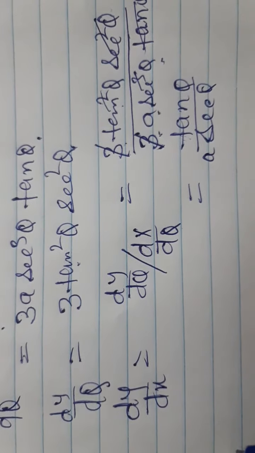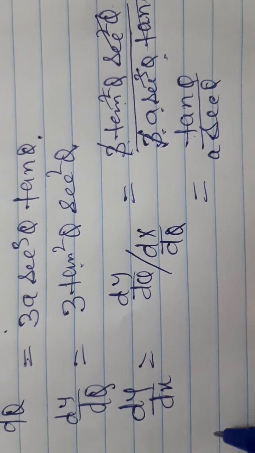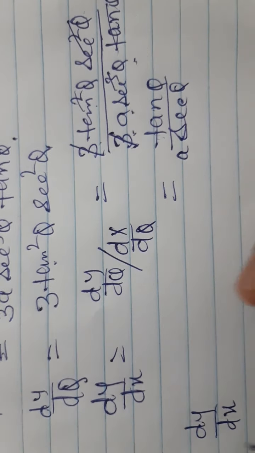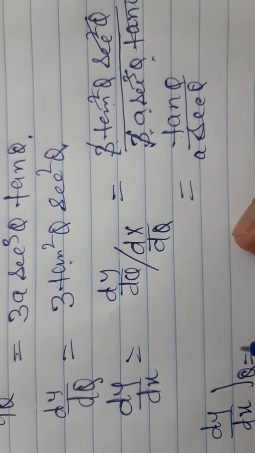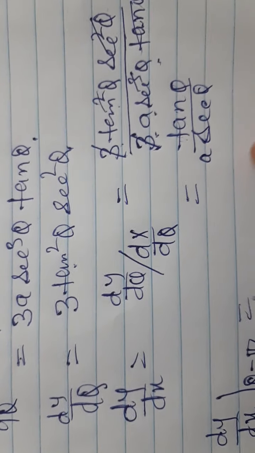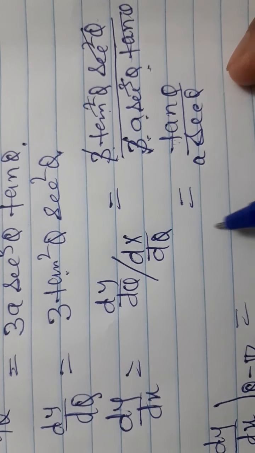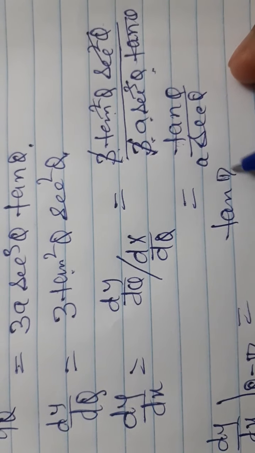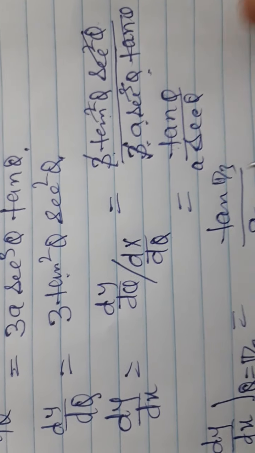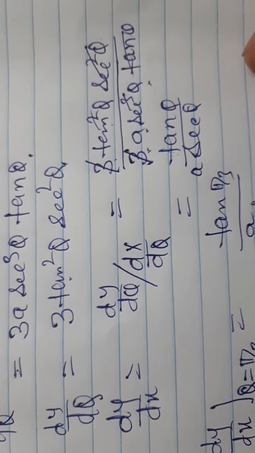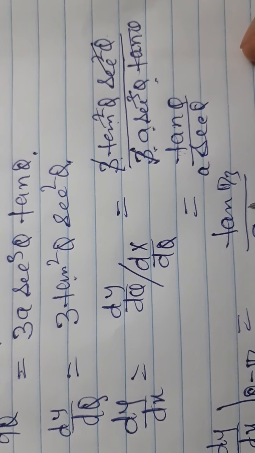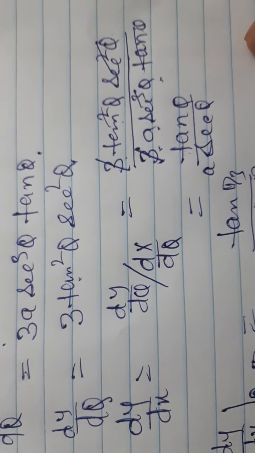So my question is, find dy/dx at theta equal to pi by 3. So put pi by 3 here: tan pi by 3 upon a sec pi by 3.